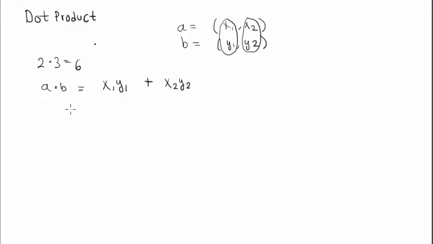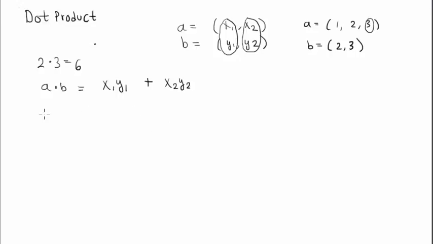Now, you can quickly realize that I cannot do dot product if A was 1, 2, and 3, and B was 2 and 3, because the 3 over here will be left by itself.